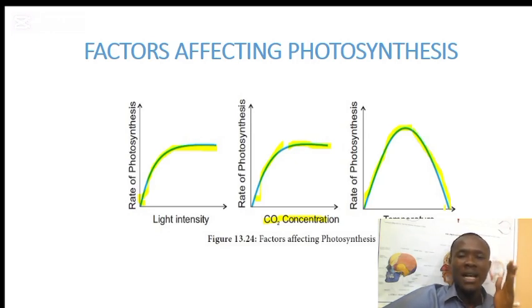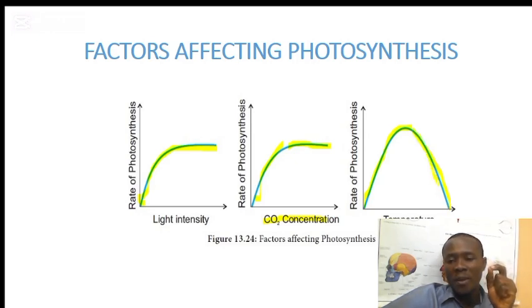It will destroy their structure, and these enzymes are needed for photosynthesis to occur. Since these enzymes have been denatured, their structure has changed, so the process of photosynthesis will stop. That's why you can see the line here dropping back to zero.